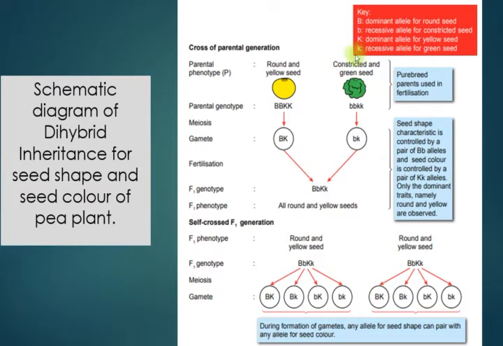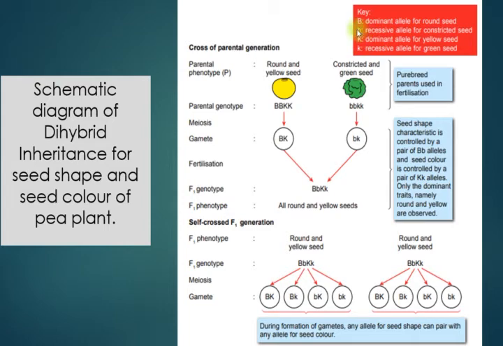In the textbook, the key given to you is: big B, or capital letter B, represents the dominant allele for round seed, and small b represents the recessive allele for constricted seed.